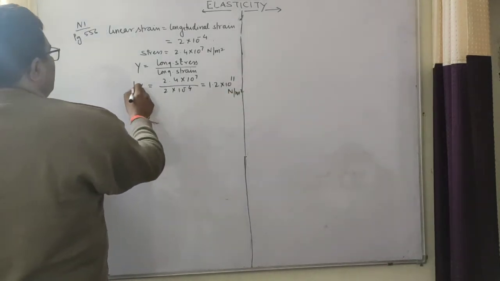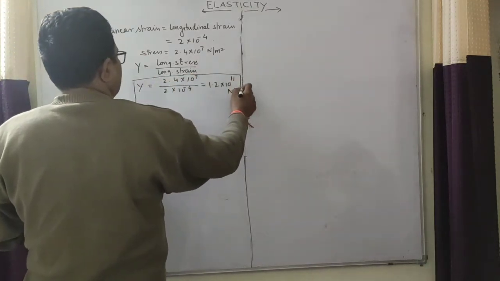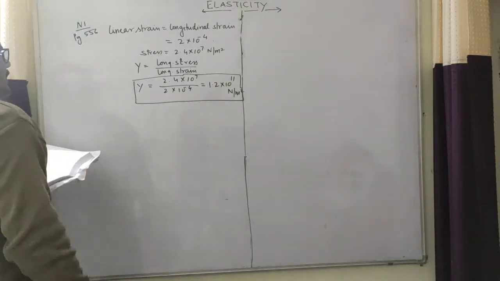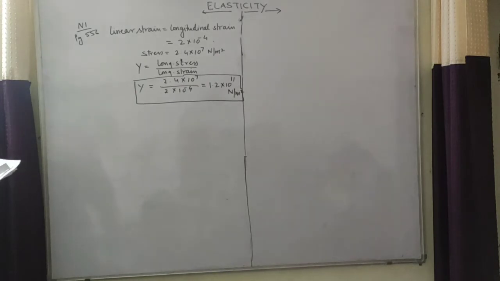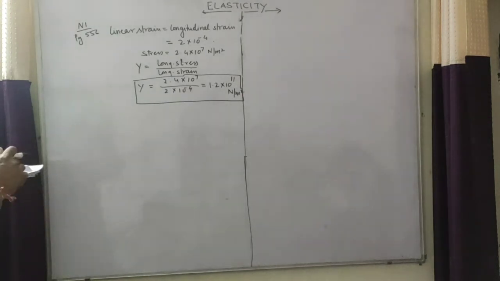I have already told you that stress and strain are tensor quantities and Young's modulus is a scalar, so you need not give the direction. So this is numerical number 1 on page 556.